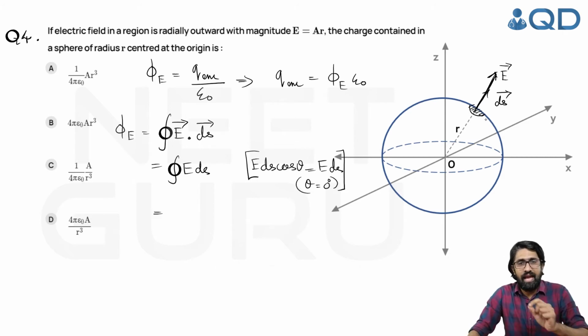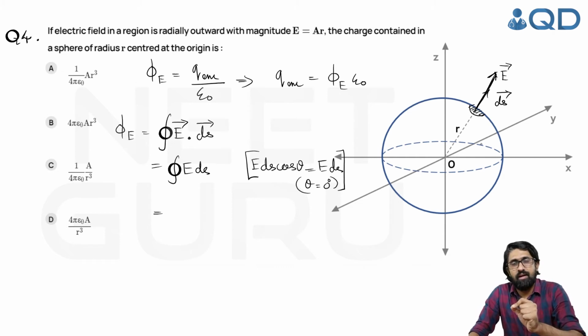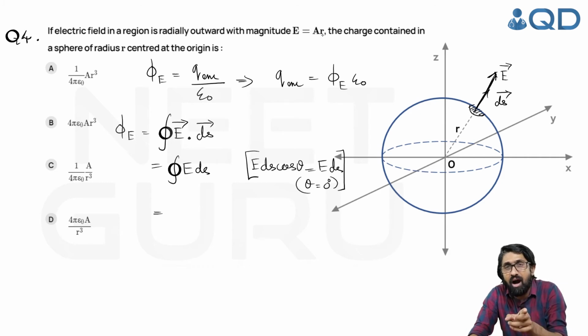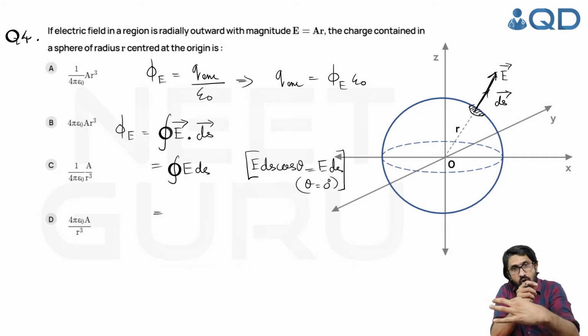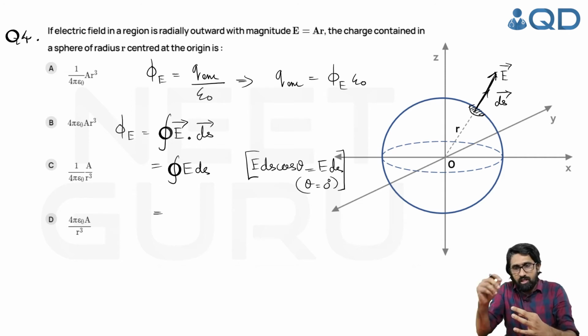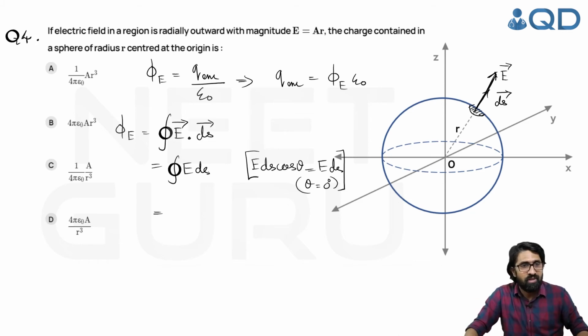Now, everywhere on the surface of the sphere, the magnitude of electric field is same, because magnitude of electric field here is decided by r, and r is same for all the points on the sphere, because r is the distance from the origin, and the sphere has all the points equidistant from the origin. So we have E constant throughout.